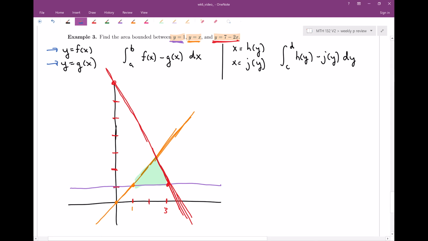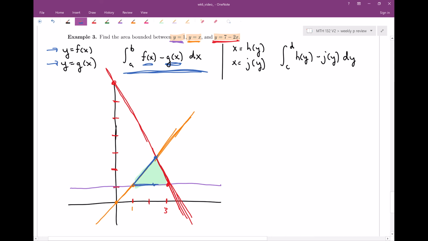At this point, I start to realize that there's going to be a problem if we integrate with respect to x. If we integrate with respect to x, remember we need a big function minus a small function. And the problem here is that our big function seems to be changing. For a little while, this orange function, y equals x, seems to be our big function, and then y equals 1 is our small function.